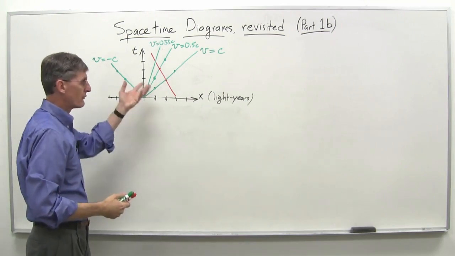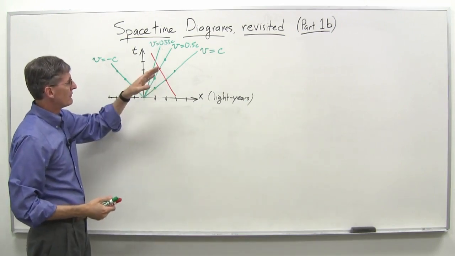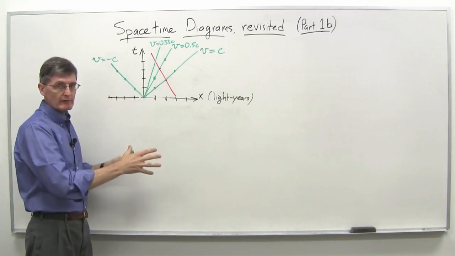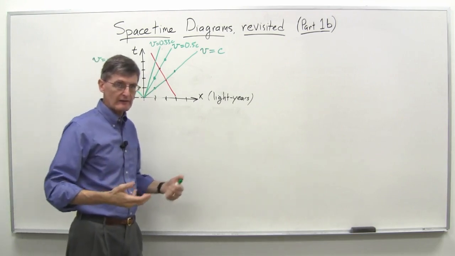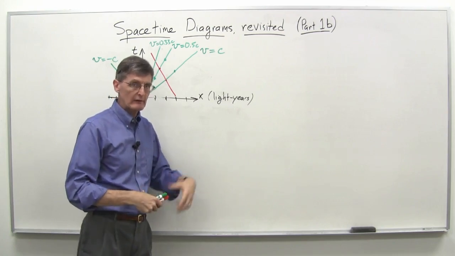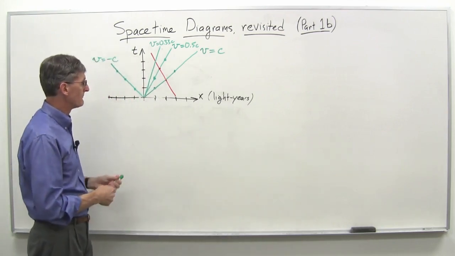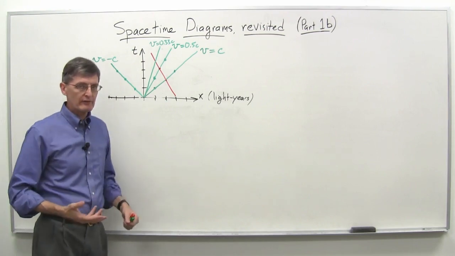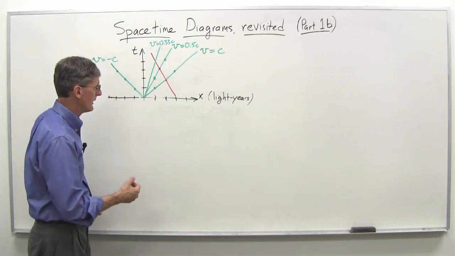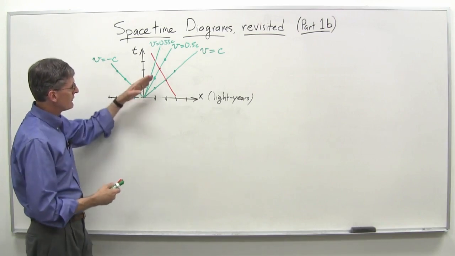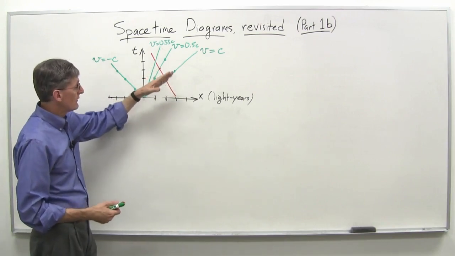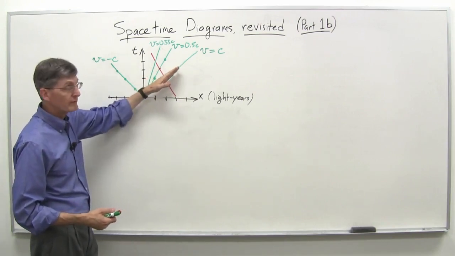Another thing to note here before we get to this red line is that when we have diagrams like this, and we're talking about the fact that nothing can go faster than the speed of light, and that'll actually be a topic for later on this week, we'll explore a little bit more what might happen if things can go faster than the speed of light. What that means is we're never going to have any world lines that are sloped less than the v equals c line here.